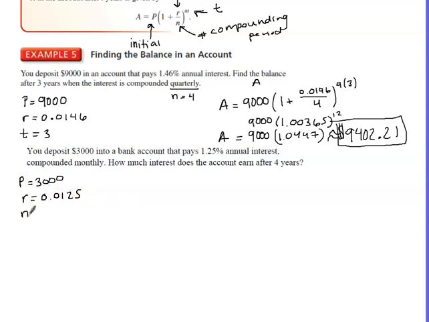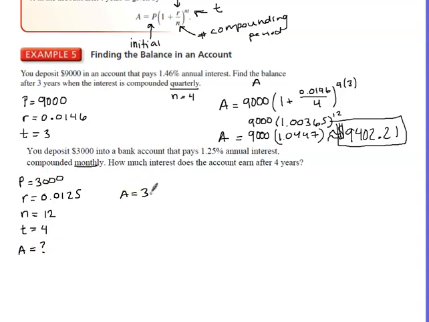Compounded monthly, N is the number of times it is compounded in a year. Monthly, there are 12 months in a year, so N would be 12. What we want to know is how much interest does the account earn after 4 years, so our time is going to be 4. First thing we'll do is find out how much total money is in the account, and then we'll figure out the difference between the starting amount, 3,000, and how much we ended with.